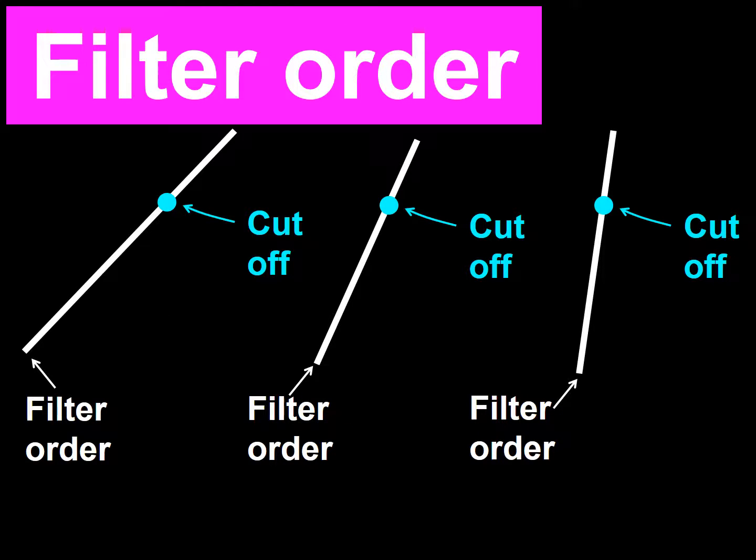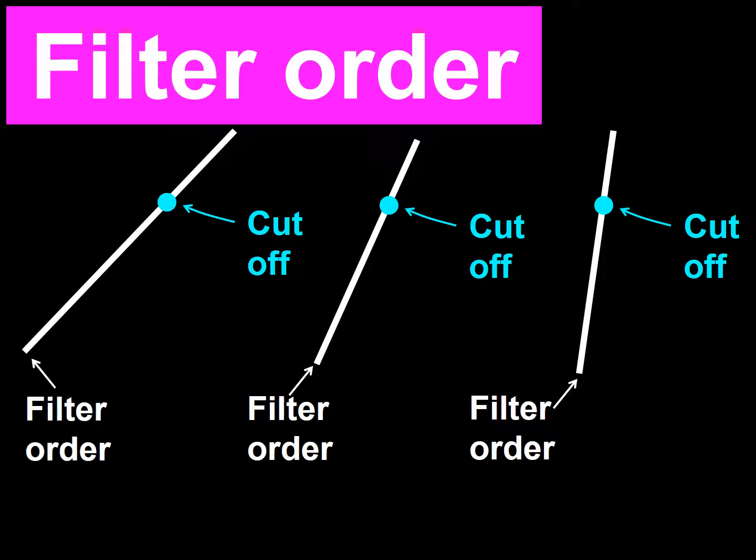Another term used to refer to the filtering of frequencies neighboring the cutoff point is filter order. When this term is used, then the steepness with which the neighboring frequencies to the cutoff are eliminated is given by the number of poles assigned to the filter.